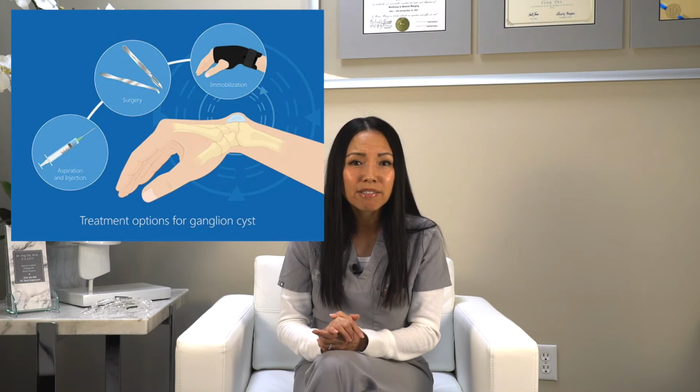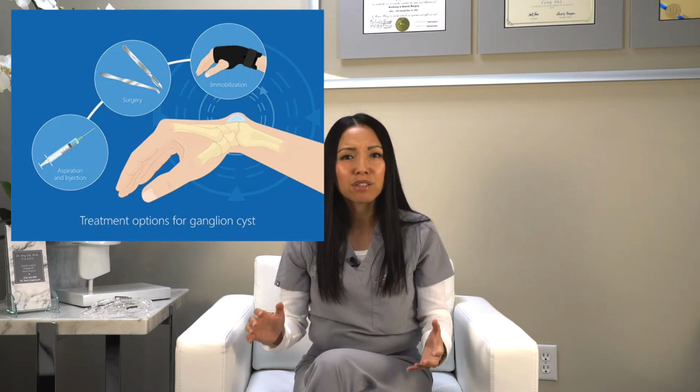Is there something you can do to facilitate that? We can try a wrist brace. You can try activity modification, which means stopping the heavy lifting and the extraneous activities, and seeing if the cyst spontaneously regresses.